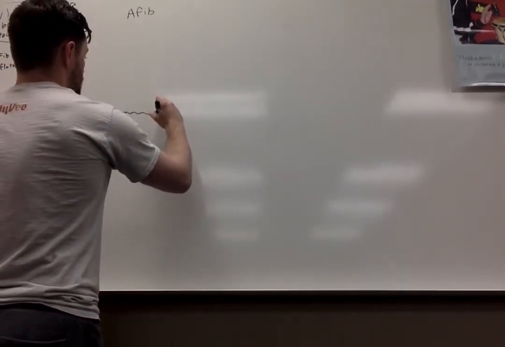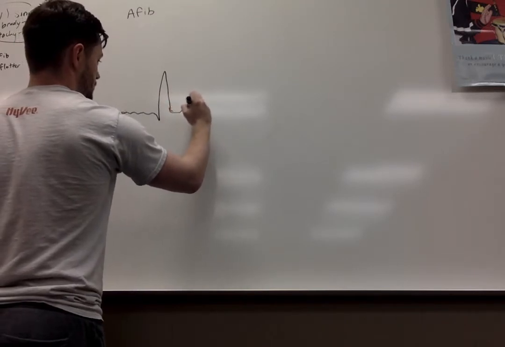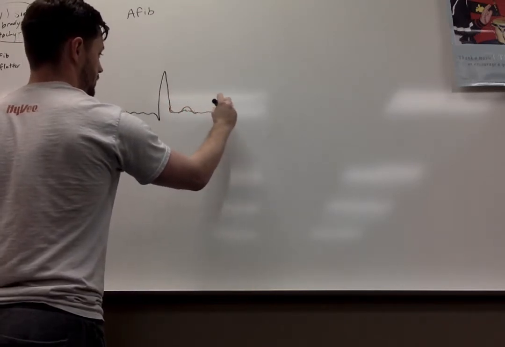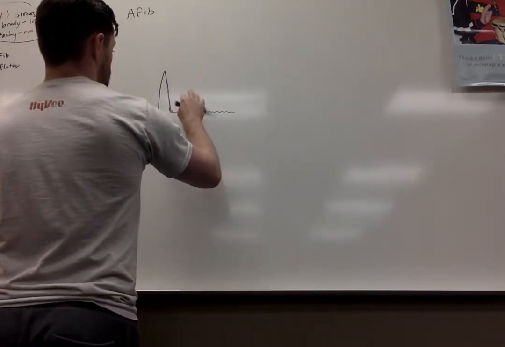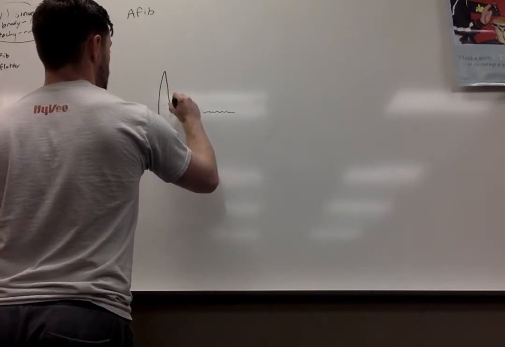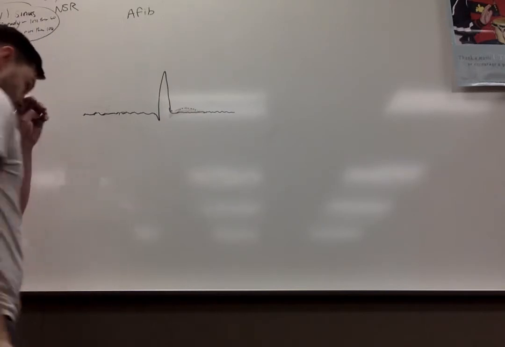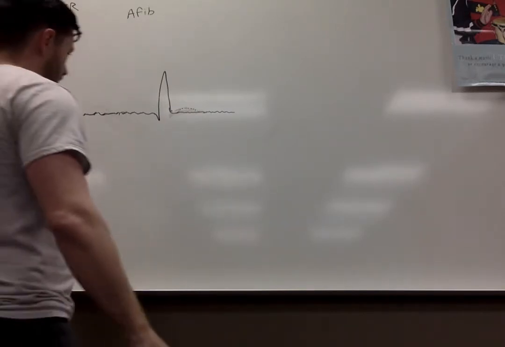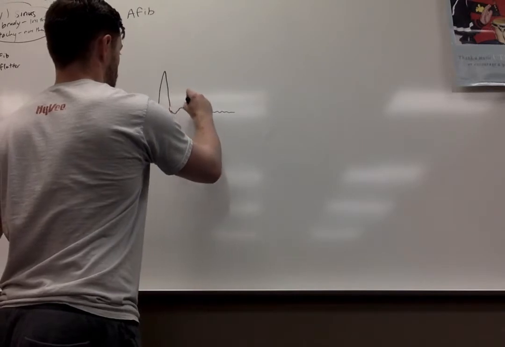You're going to have your QRS, which is your normal QRS. And you should have a T wave, or what resembles a T wave, but it could also be fibrillating. So I'll draw that T wave with little dots. You should have a T wave, but if you don't, it's there. It might even look like a fibrillating T wave sometimes, like that.